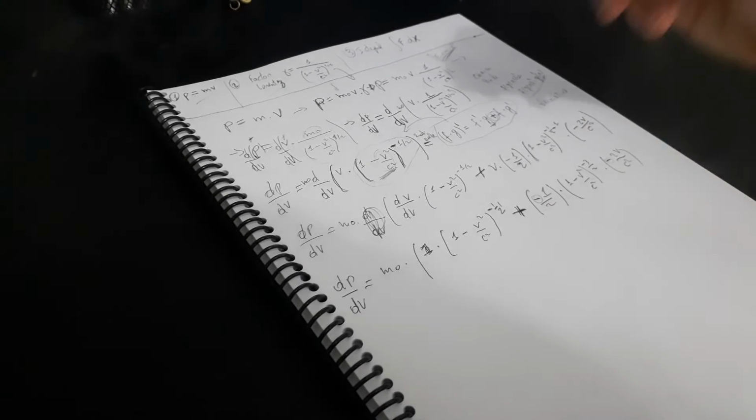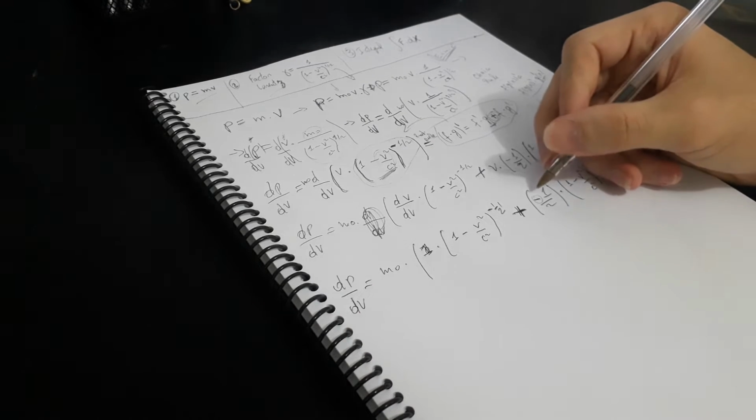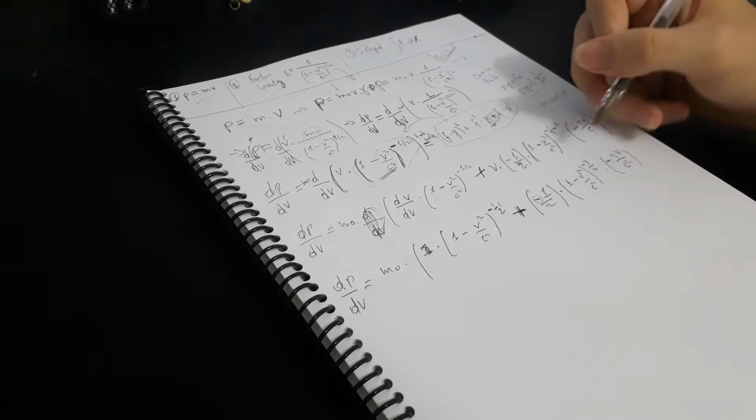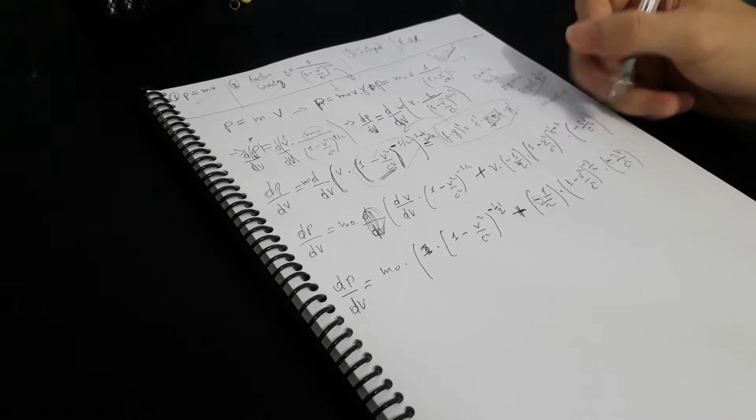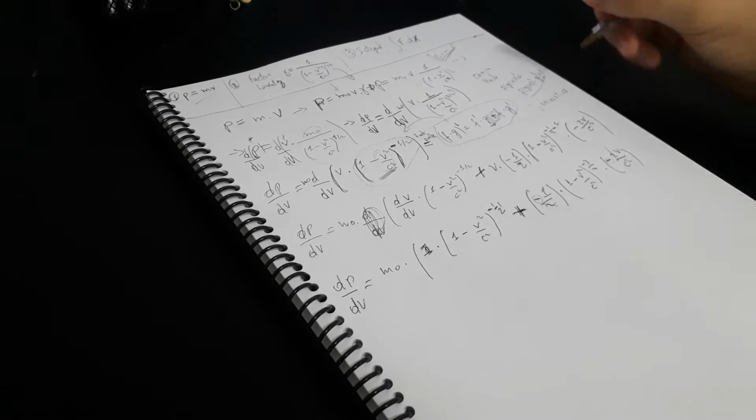And the next interesting thing, we have minus 1/2 here with 2 plus the other thing here. 2 with a half is 1.